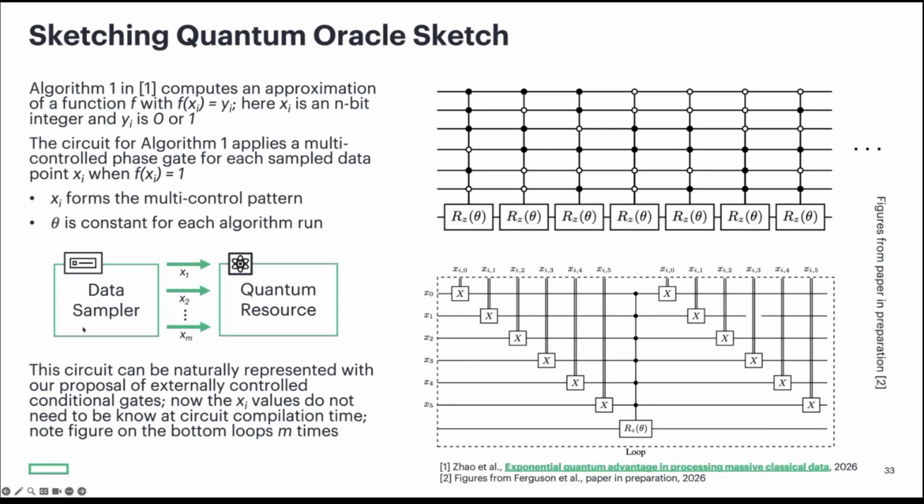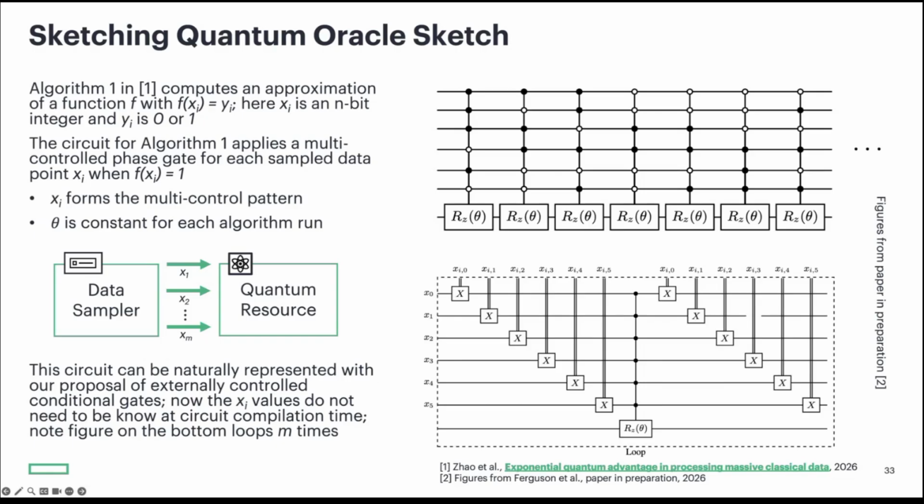The result is now we can have an external to the quantum resource data sampler. Their paper is about massive data and doing random sampling from some very large data set, and then using that data to create a quantum state approximating it. So we need to have potentially very large amount of memory or other compute resources on the data sampler. Again, it wouldn't fit into the control electronics, but we can send these values over as those externally controlled conditional gates in order to do this kind of algorithm.